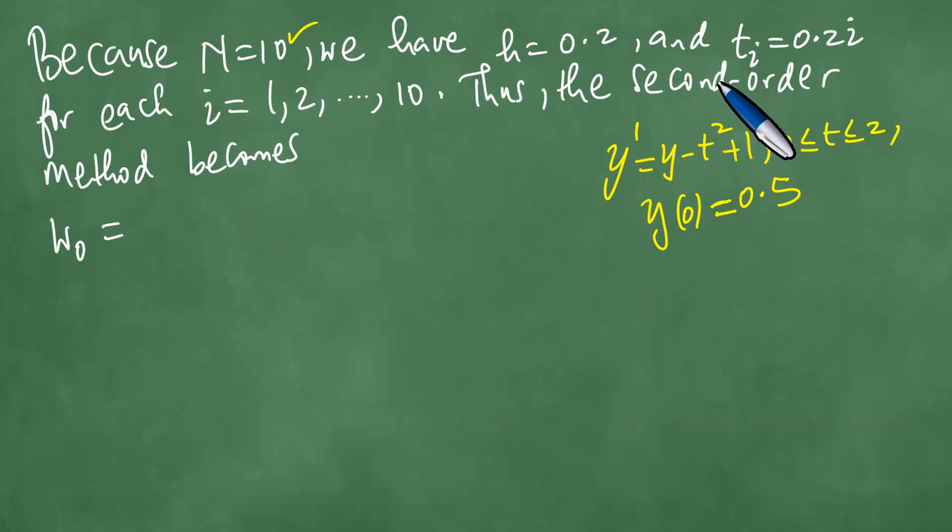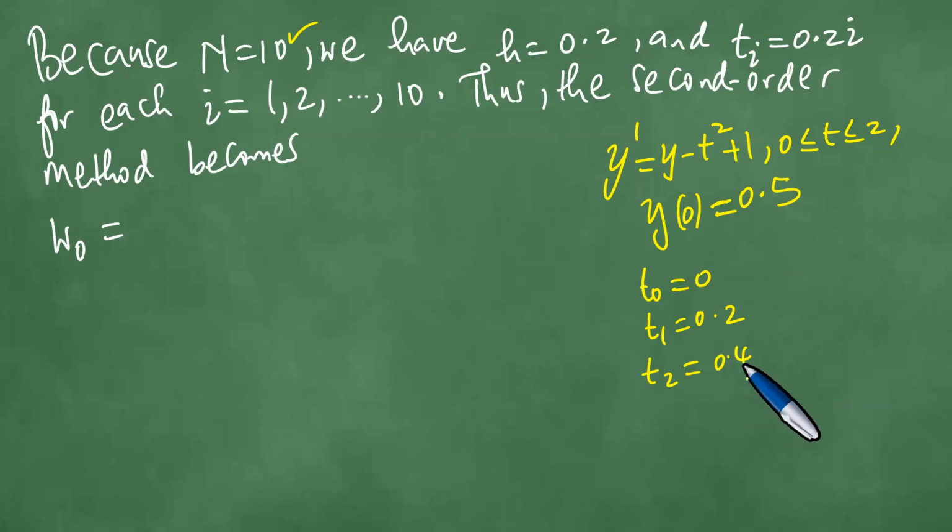It means you would need 0.2 plus 0.4 plus 0.6. You start at 0. T0 is 0. Then there's T1, 0.2. You add 0.2 just to understand why the n is 10 and so on. T2 is 0.4. T3 is 0.6.